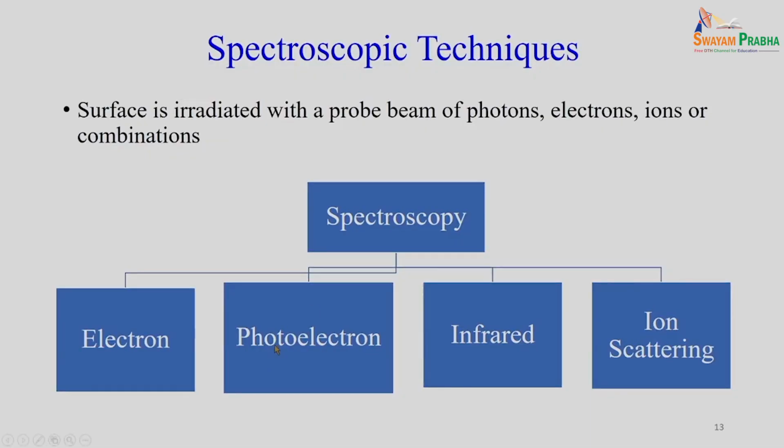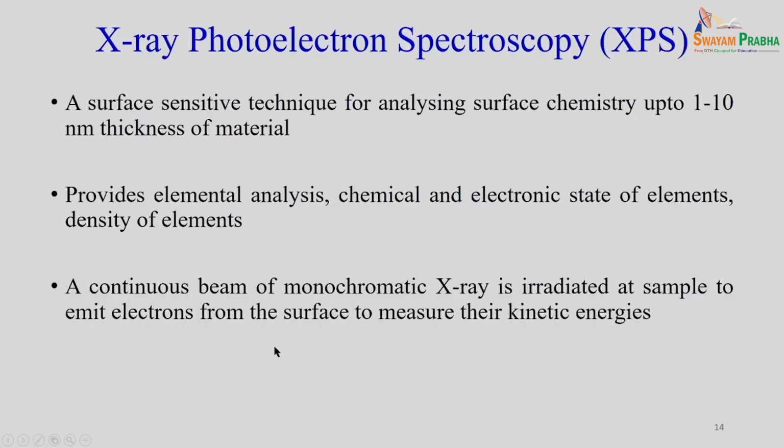So, first we will discuss the photoelectron spectroscopy. It is also known as X-ray photoelectron spectroscopy. It means we are using photons and electrons both together. This is a very surface sensitive technique for analyzing the surface chemistry, but again the thickness should be in the range of 1 to 10 nanometer.